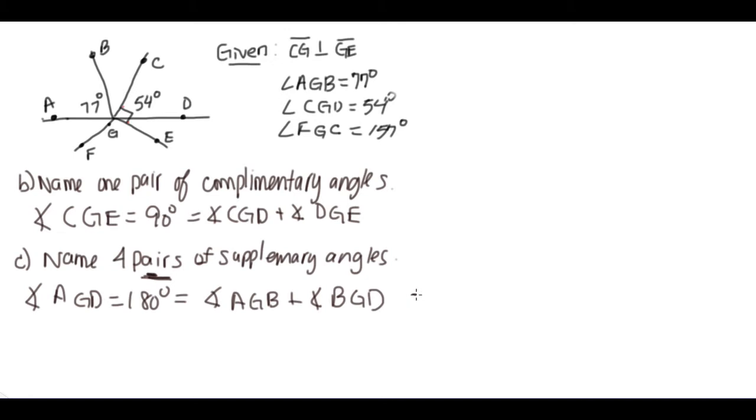This would be one pair. Another pair could be angle AGC and CGD. We can have angle AGC plus angle CGD. This covers mostly the top.